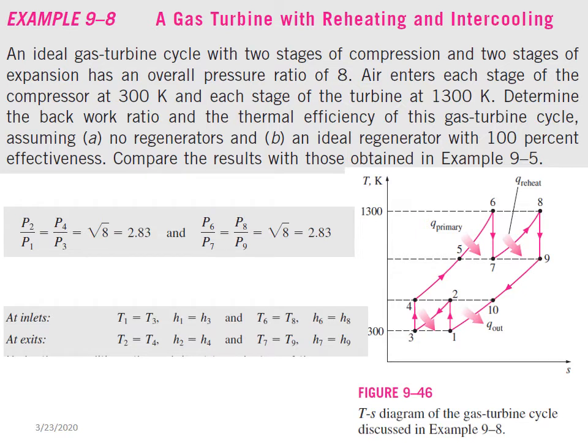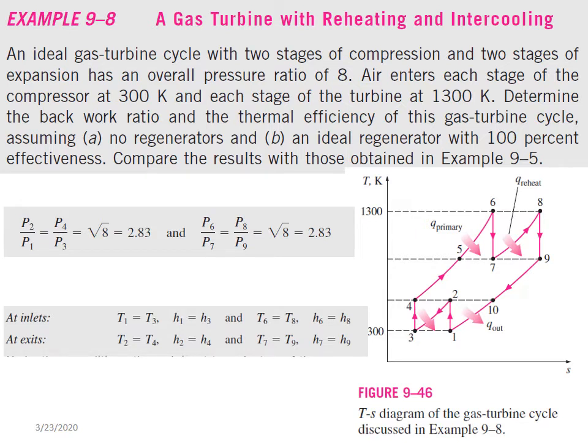Here P2 by P1 will be equal to P4 by P3, which will be equal to square root of 8. You may be confused that in the problem there is an overall pressure ratio of 8, so why do we take the square root of 8?